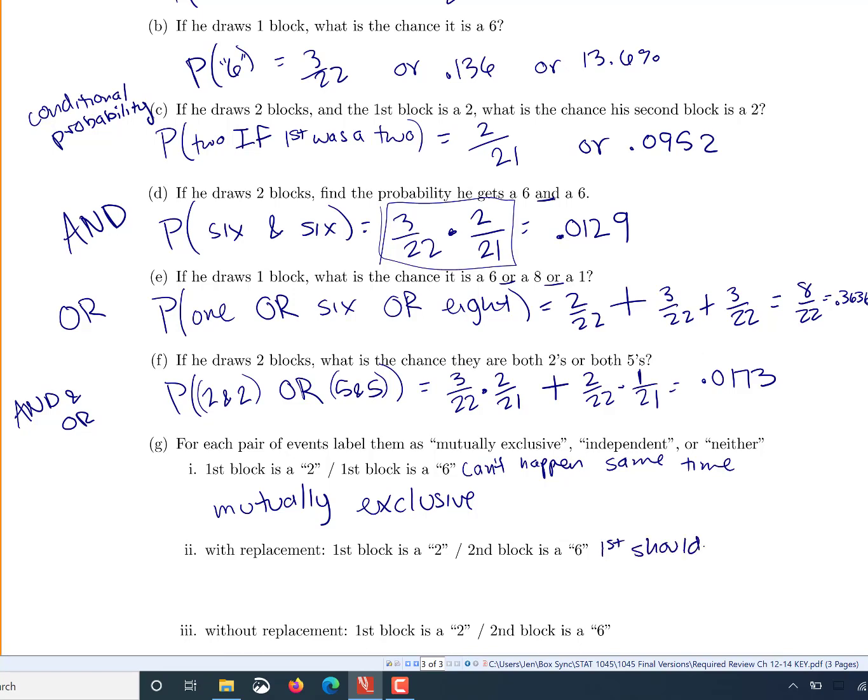So the first shouldn't affect the second, so it is independent. And we'd already checked in the beginning, it is not mutually exclusive either, because they can both happen.